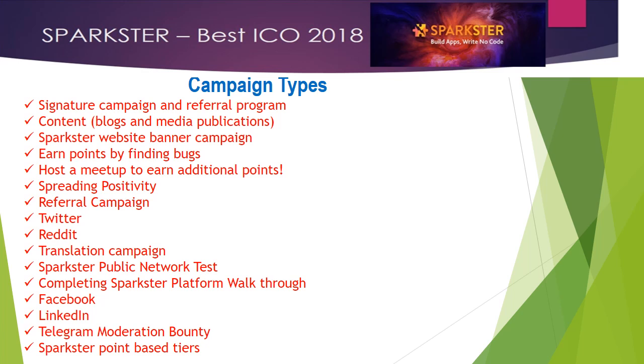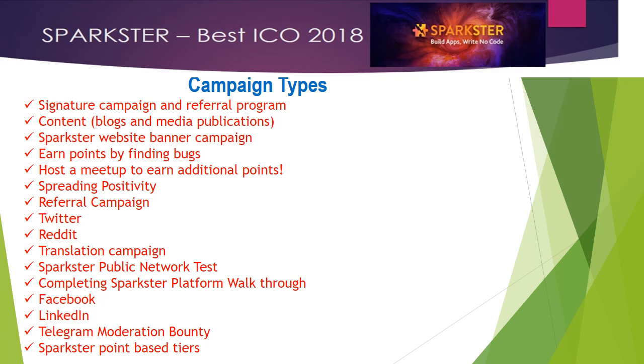So the different types of campaigns, as you can see, you have to be on Reddit, you don't necessarily have to be, but maybe you can choose any one of them, and try to get more and more marks for that. For example, the number of posts you do on Facebook, on Reddit, and LinkedIn, joining their Telegram, spreading positivity, and referring your friends.